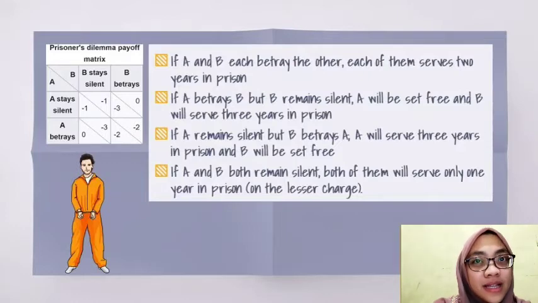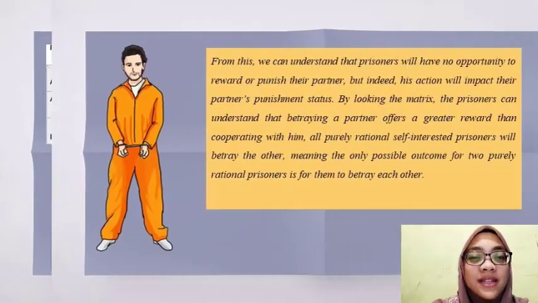The third is if A remains silent but B betrays A, A will serve 3 years in prison and B will be set free. The last is if A and B both remain silent, both of them will serve only 1 year in prison on the lesser charge. You can also see this in the matrix on the slide.